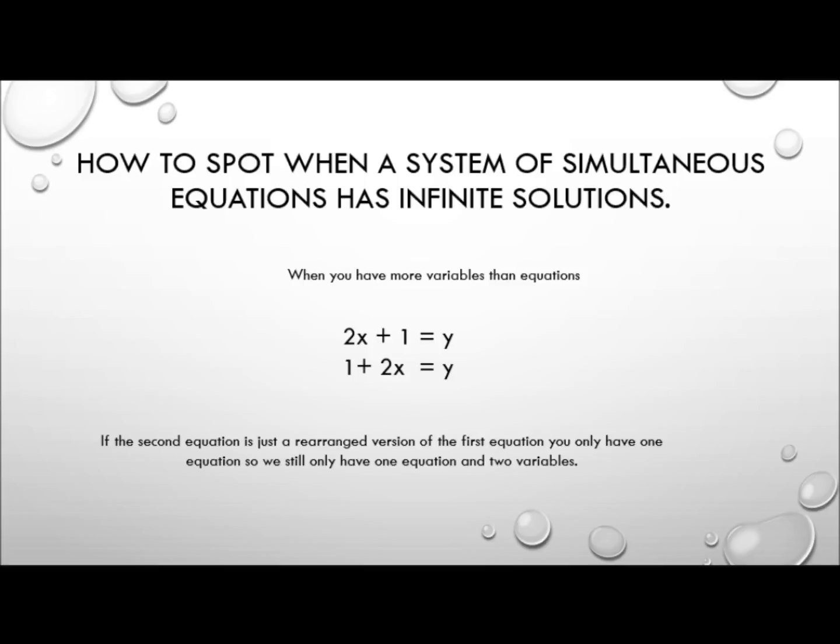If the second equation is just a rearranged version of the first equation, you still only have one equation and two variables. So there's still an infinite number of solutions. It just looks like you've got two equations and two variables, but in reality you've only got one equation and two variables, because the second equation is actually just a rearranged version of the first equation.